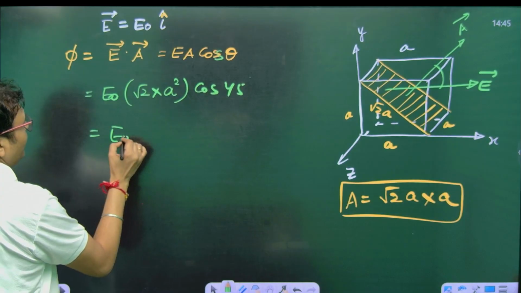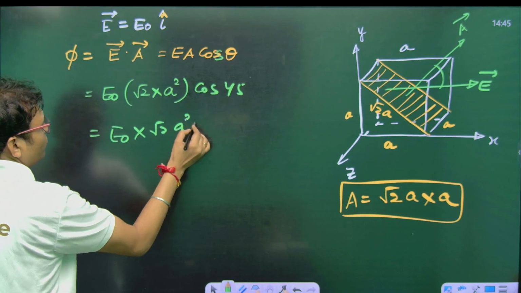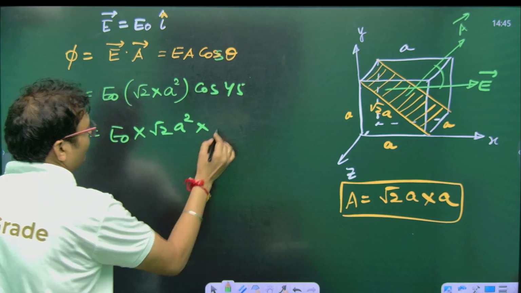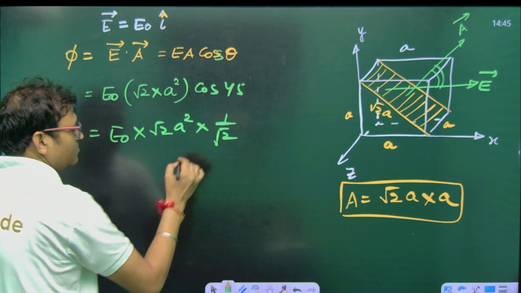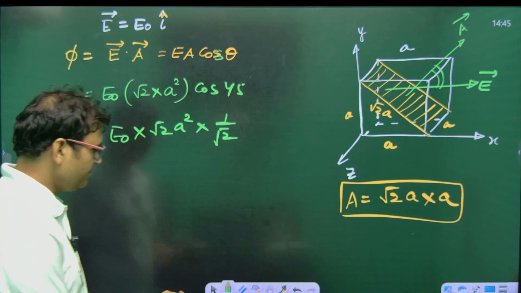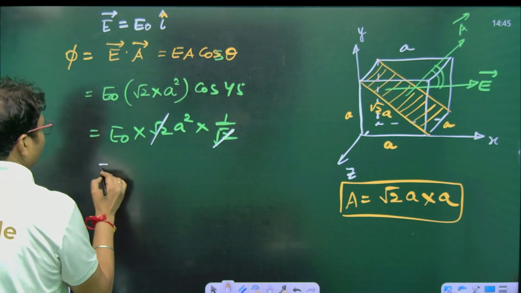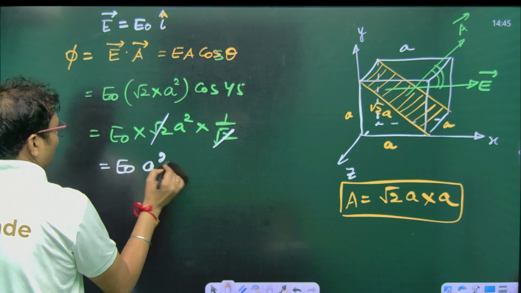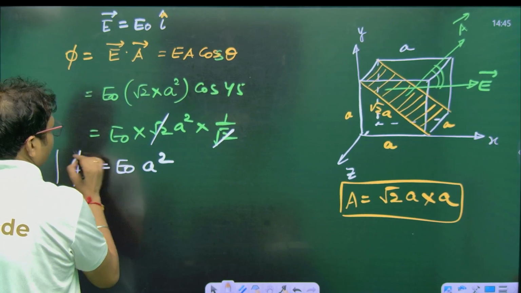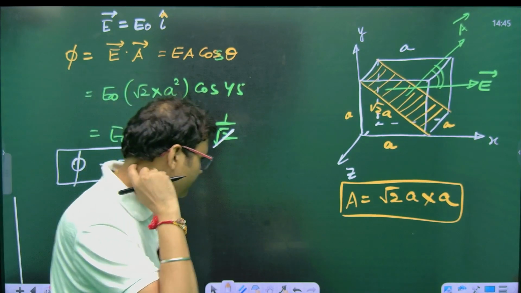So it will be E naught into root 2 A square into cos 45, which is 1 by root 2. Root 2 will get cancelled out. So E naught into A square will be the flux through the given surface.